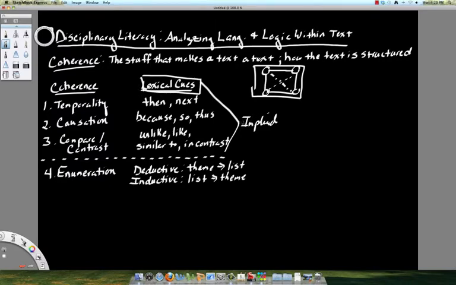All of these examples have been on the micro level of the text, meaning that the level is at the individual sentences, except for enumeration, which we just talked about, which is at the paragraph level. Again, that's pretty macro or micro in its structure.